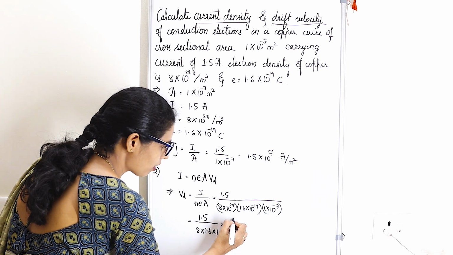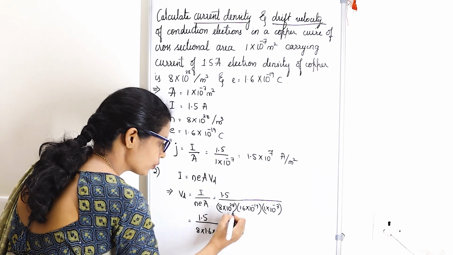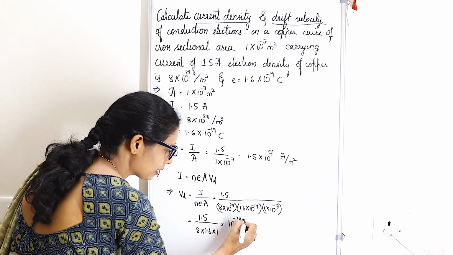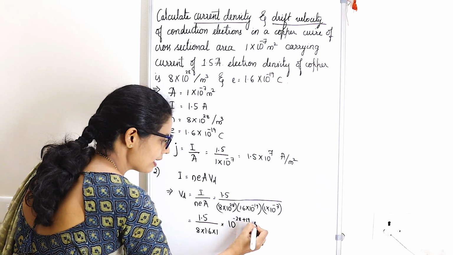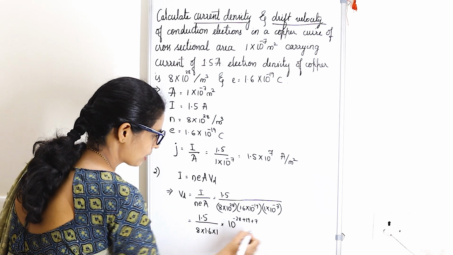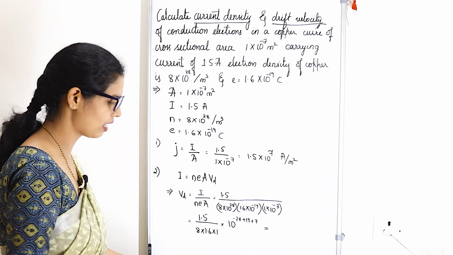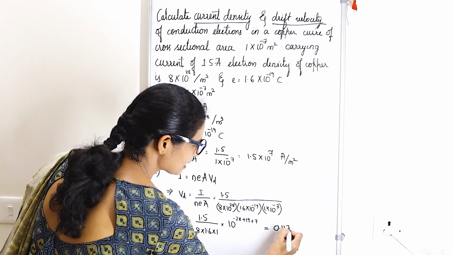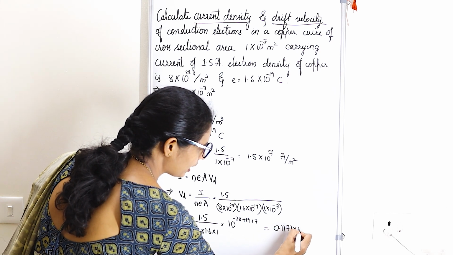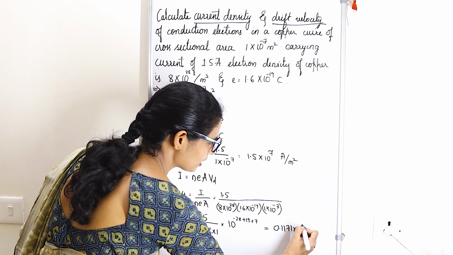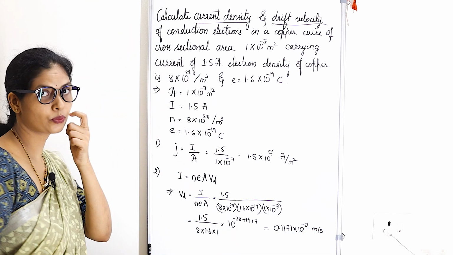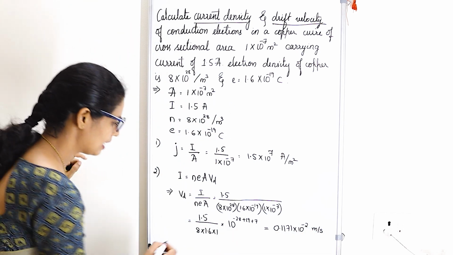So 10 to the power of 28, when it goes to numerator it becomes minus 28, minus 19 becomes plus 19, minus 7 becomes plus 7. So calculate and get the value. So the value of this is 0.1171 into 10 to the power of minus 2 meter per second. Okay, since it is velocity, it's meter per second.